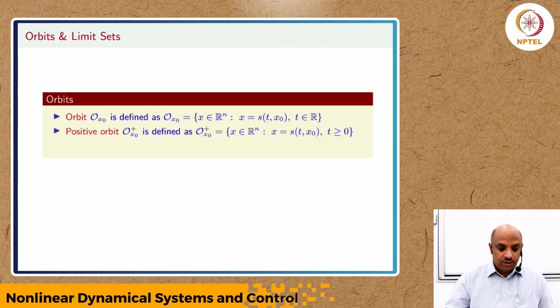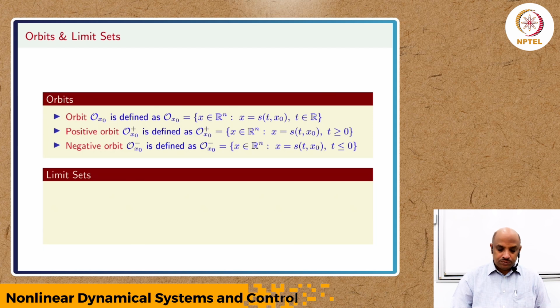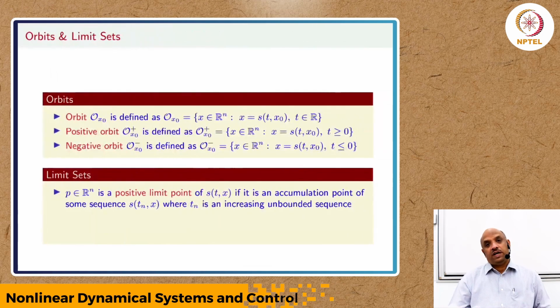And of course, within this orbit, the positive orbit is something that comes from all the points moving forward, and the negative orbit comes from the other side, right? So these are orbits. That means you start at some initial condition, you move forward, and whatever the space covered by this particular solution is what we call the positive orbit, and the negative side is the negative orbit, and combined together is the entire orbit. But we can define something called a limit set, right?